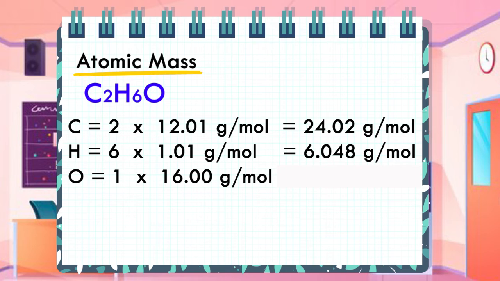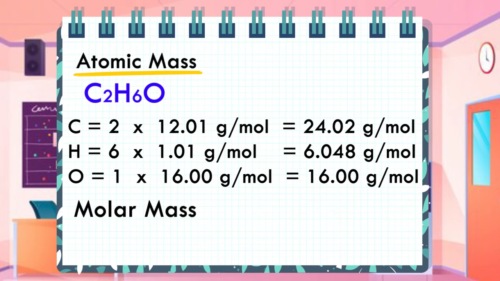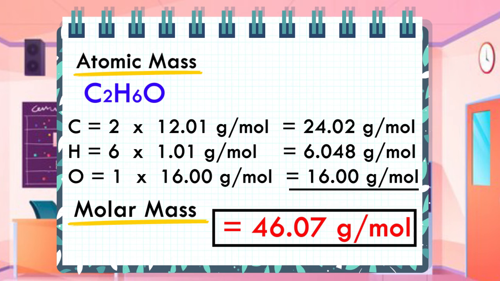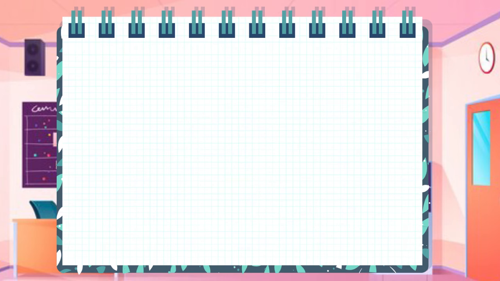And for oxygen, 1 multiplied by 16 grams per mole is 16 grams per mole. Now, let's get the molar mass by adding them up. 24.02 plus 6.048 plus 16 is equals to 46.07 grams per mole.